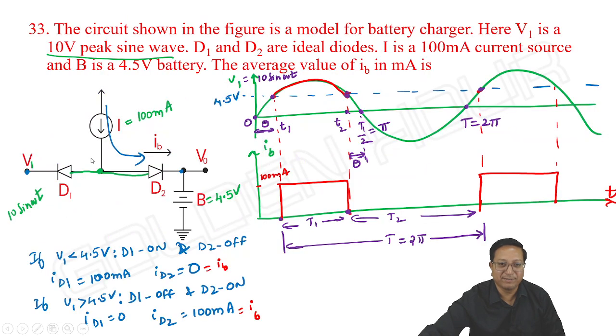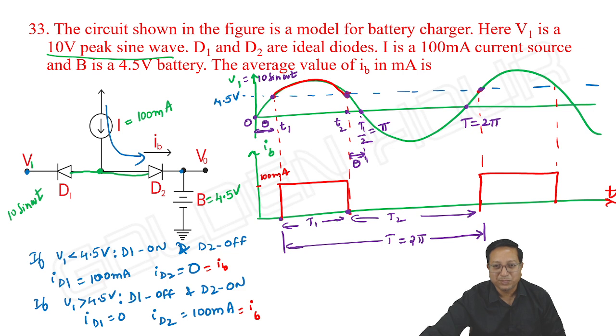Or if you have any confusion, you can write ID1 is equal to 100 milliampere over the interval 0 to T1. Because if you take ID1, from 0 to small t1, ID1 is 100 milliampere. Again, from t1 to t2, ID1 is 0.